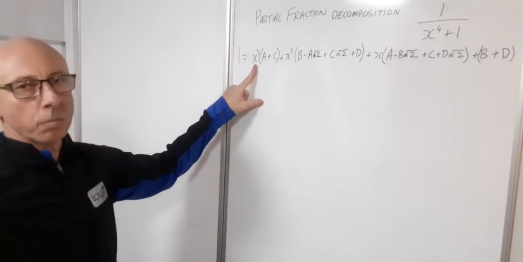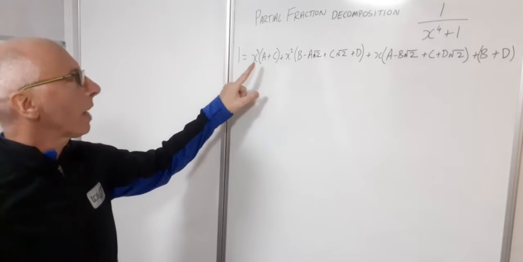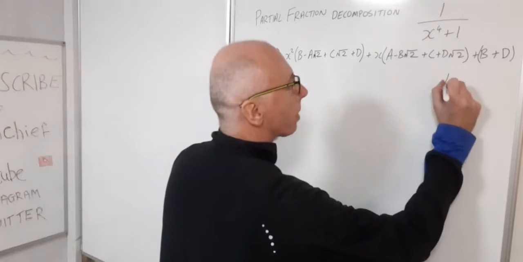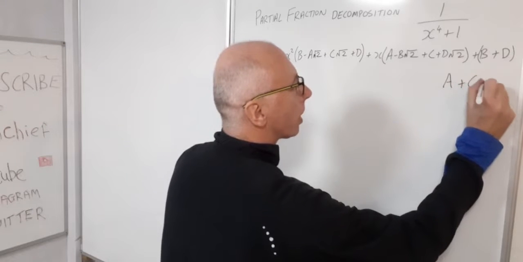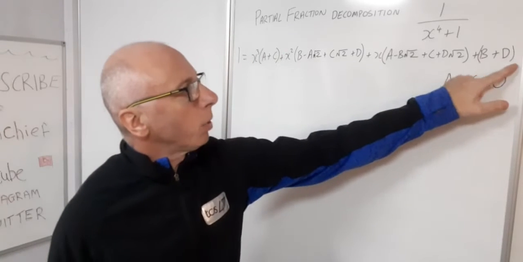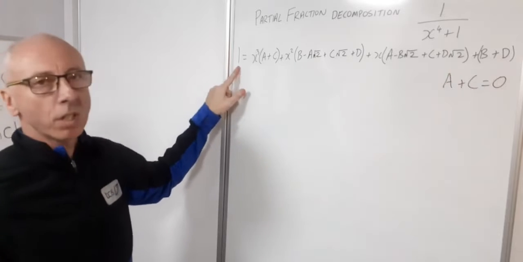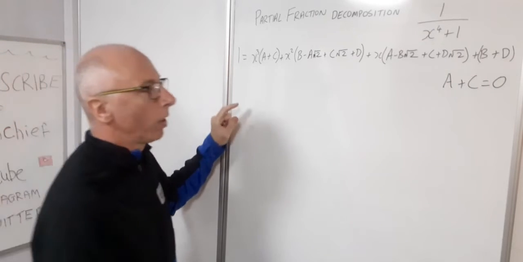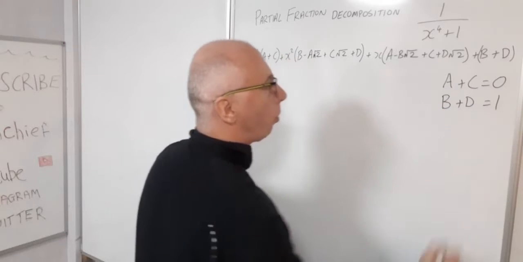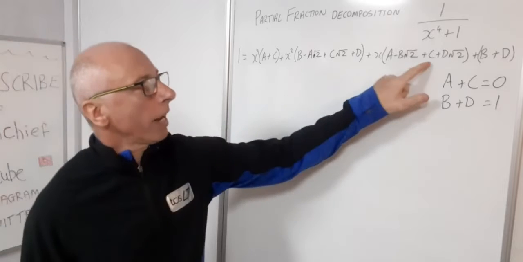Now my x cubed here, I can see there's no coefficient for x cubed, so that's going to mean a plus c is going to be 0. So let's start with that: a plus c equals 0. And the next simple one we can look at is b plus d, which is my constant. Well, there is a constant on this side, so that's equal to 1. So we've got b plus d equals 1. So that now means we can use this x squared and my x.